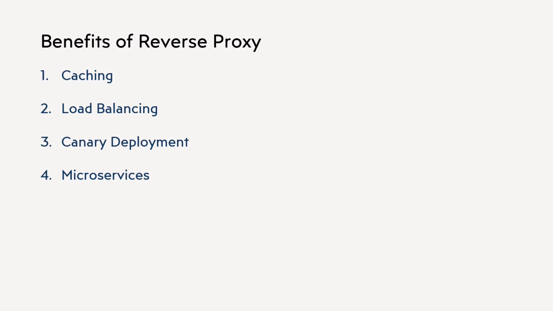In a reverse proxy setup, you can route a few requests, say 5%, to servers having the new features, and the rest of the requests can go to the old servers. This is how you can test your deployments, and then maybe roll back, or deploy this feature to all other servers as well.